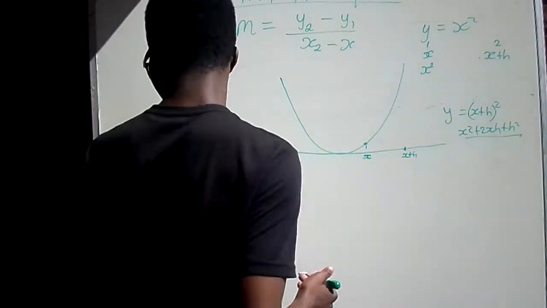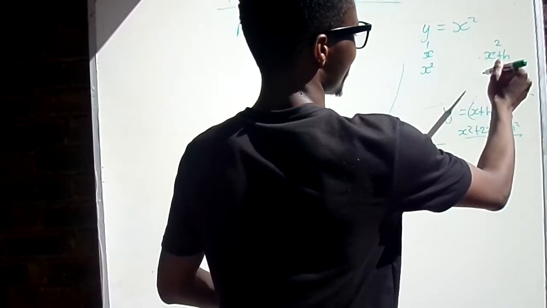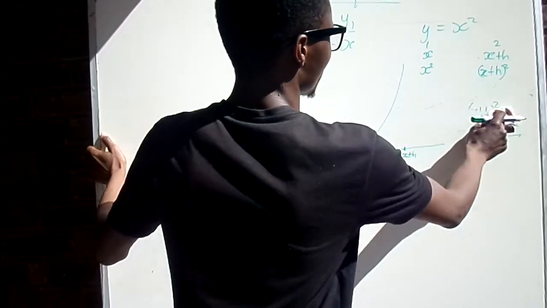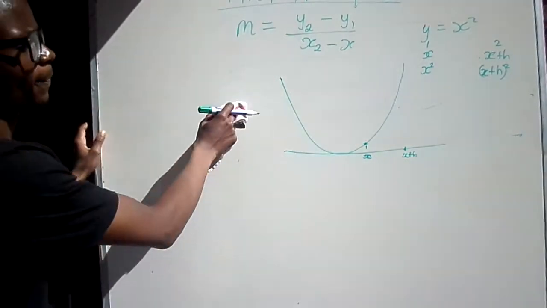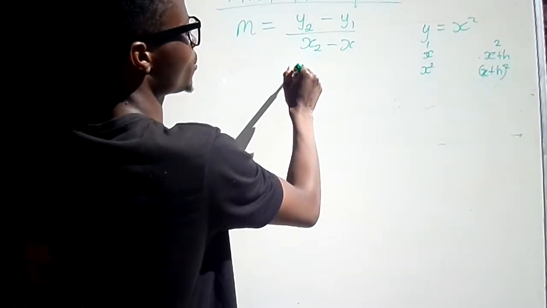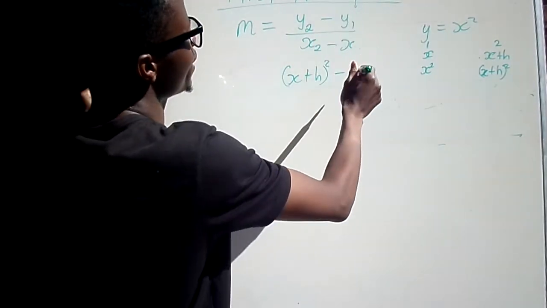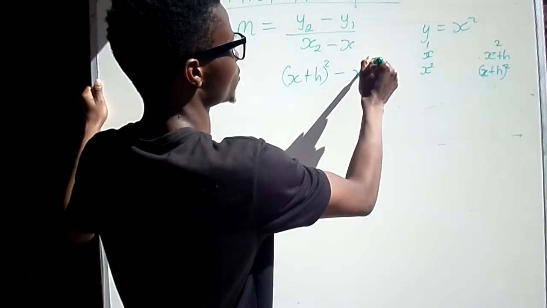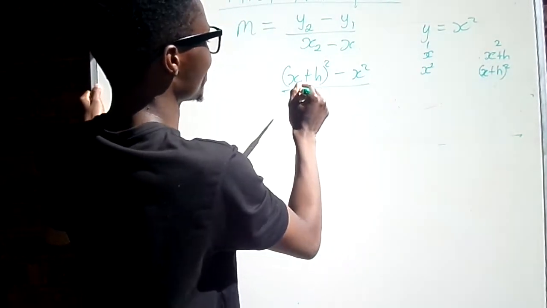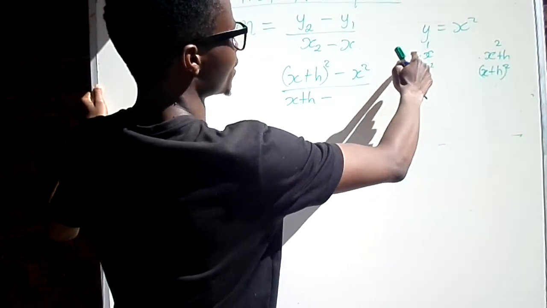Right, so if I am to apply differentiation from the first principle, this is my x plus h squared, that's my y2. Applying this same principle, we have y2, x plus h squared, minus y1, which is x squared, all over x2, which is x plus h, minus x1, which is just x.